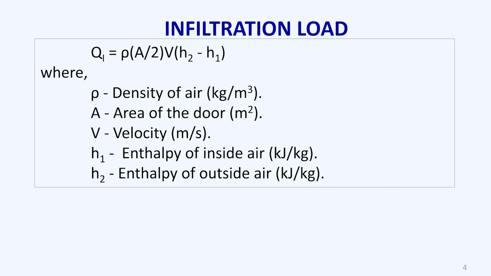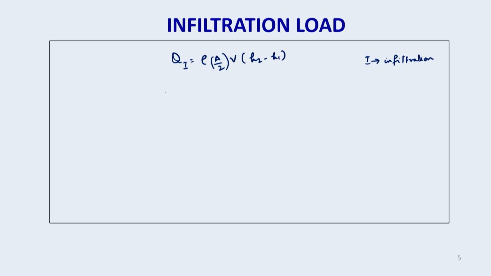V is the velocity, rho is the density of air, which we can take as 1.23 kg per meter cube. So rho is equal to 1.23 or 1.2 kg per meter cube.